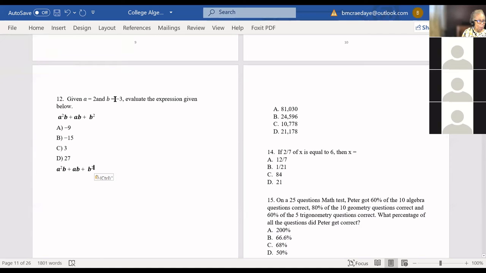And where you see a B, you want to put a -3. Multiply everything out and tell me what answer you get. Everybody else should be doing it too. Is it a D? Who said D? Chastity said D. Anybody else get anything?